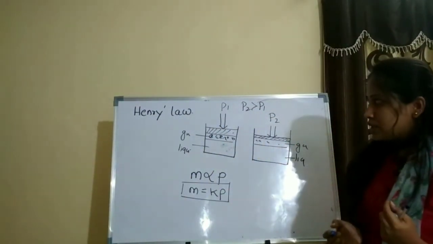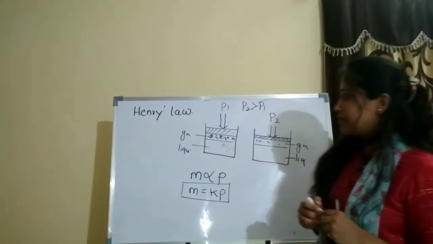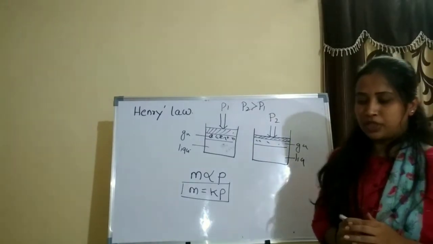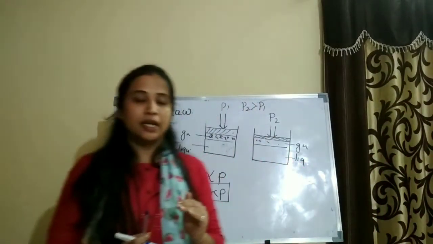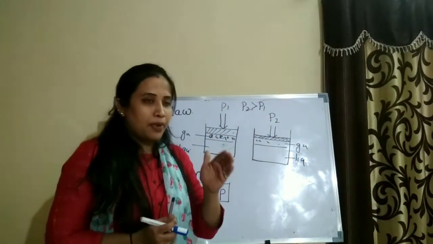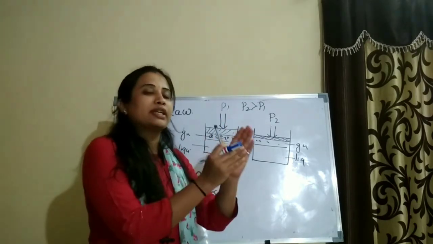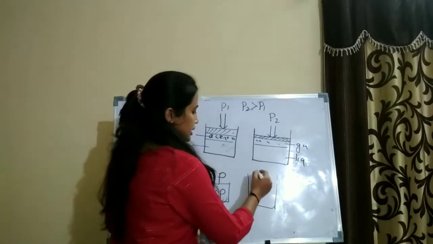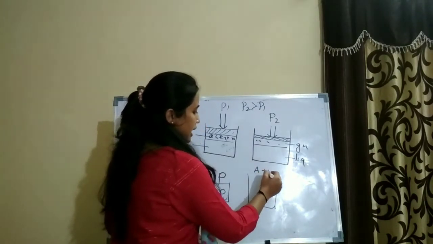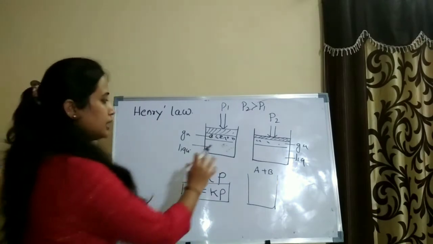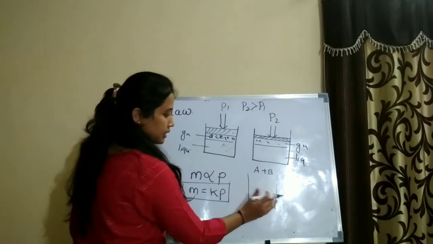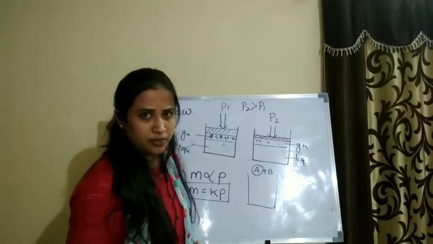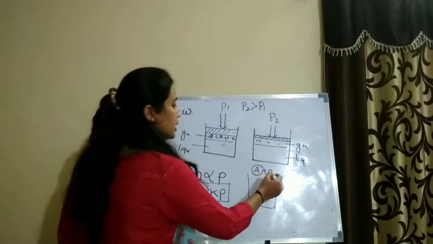So I could say according to Henry's law, if I consider a partial pressure and the mole fraction. What do you mean by partial pressure? Partial pressure means the pressure applied by a particular amount of a gas. Okay, for example, in a container I have a gas A, I have a gas B. If I put two gases in a container, gas A will apply its own pressure, that is called partial pressure.